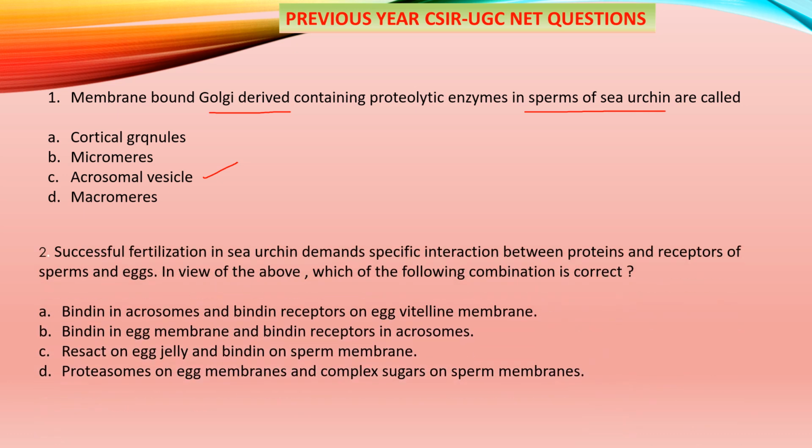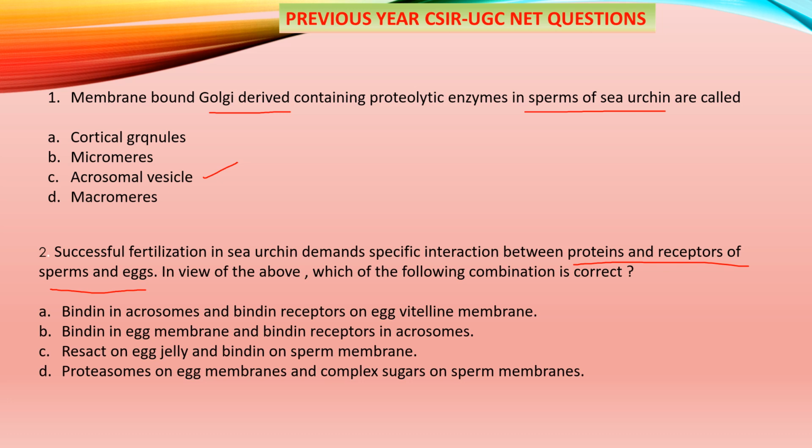Then the next question. Successful fertilization in sea urchin demands specific interaction between proteins and receptors of sperm and egg. We have already discussed this. In view of the above, which of the following combinations is correct?